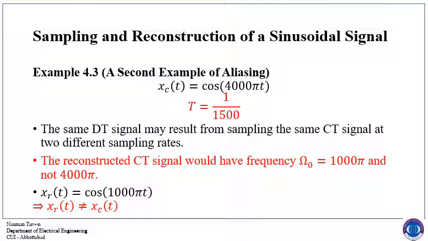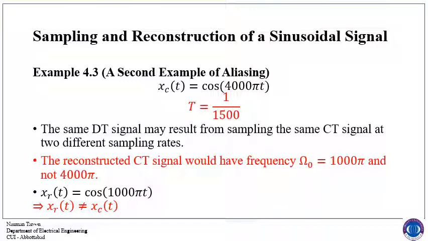And in the previous slide we have seen that we get the same discrete time signal by sampling at a different sampling rate. Or if the two continuous time signals are different and we sample at the same sampling rate, we again get the same discrete time signal.